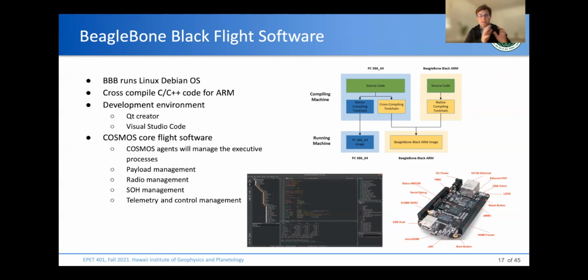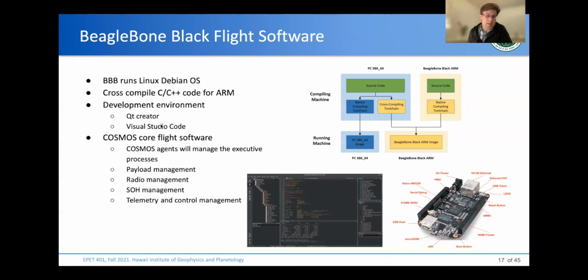That way you get the best of the two worlds, where you get a fast machine to compile your code and then your embedded development machine to run your code. So we have Qt Creator and Visual Studio Code as examples of what we call IDEs, or integrated development environments. And there are others, but these are typically the ones we use.